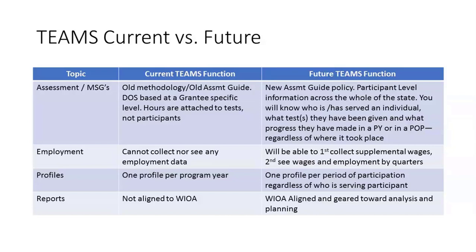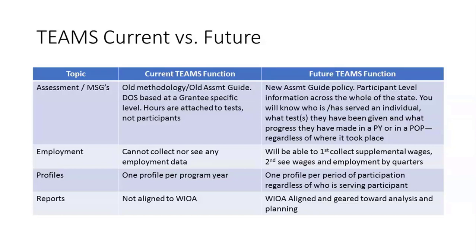Profiles is another thing, current TEAMS functions versus future TEAMS functions. Right now, you get one profile per program year. That's what we get. In the future, and what it should be, is that when a person comes into the program, they get what we call a profile at initial program entry.